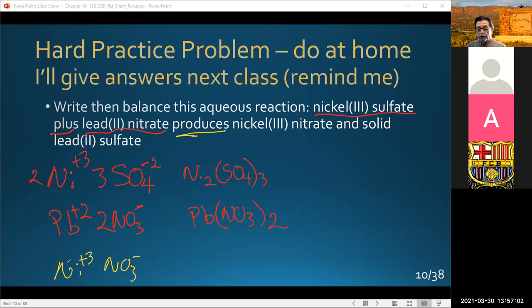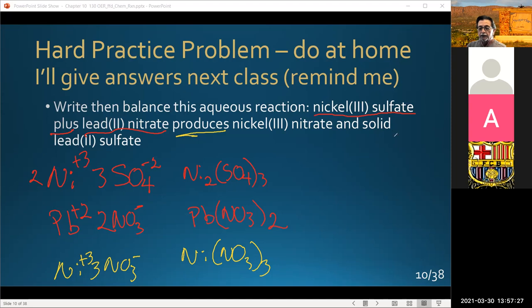Okay. And I need 3 nitrates for the +2, 3 nitrates, because there's each one's -1, and the nickel ion you're using is a +3. So its formula would be Ni, I need a parentheses, NO3, 3. Okay.